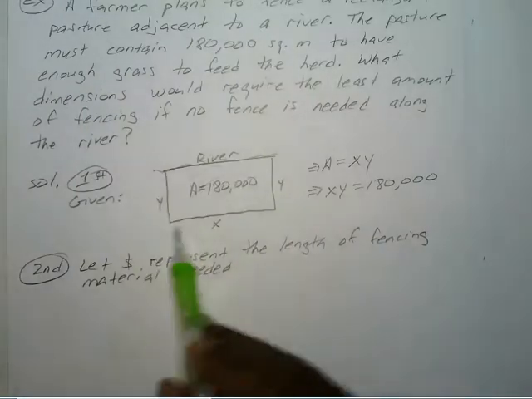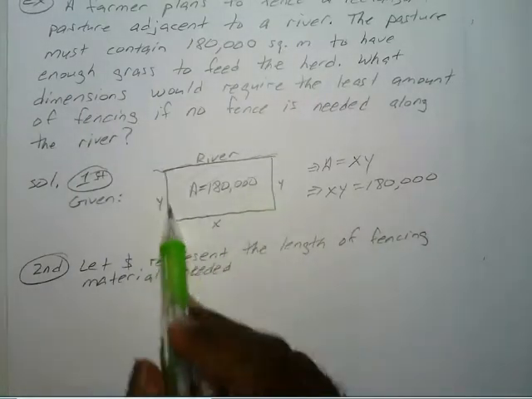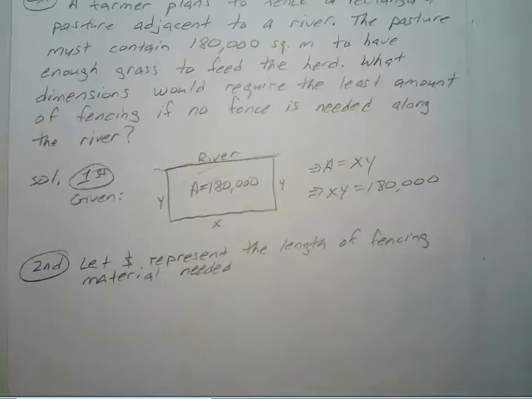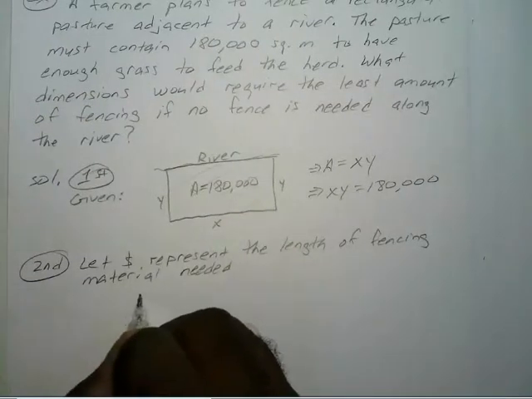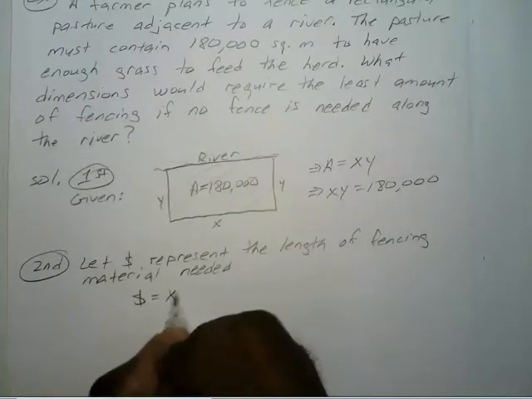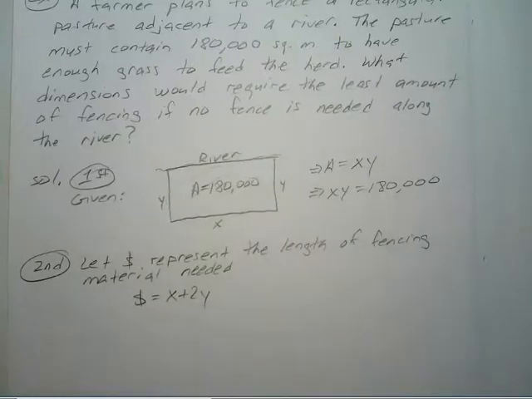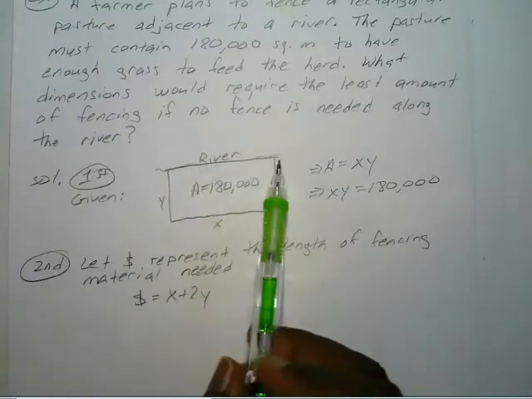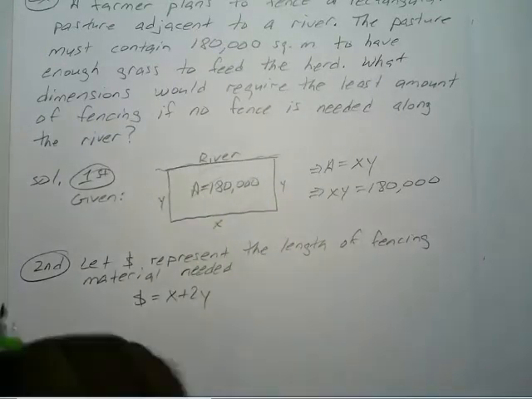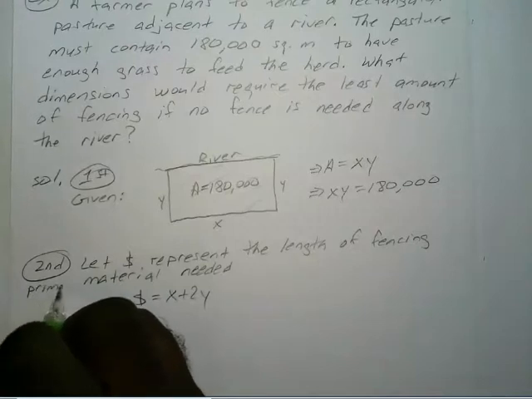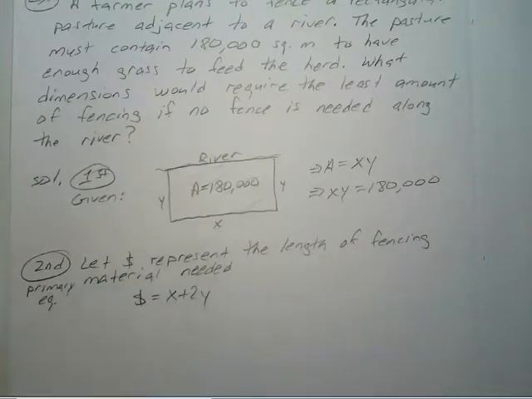So in order to get enough fencing for that boundary, we'll let S equals x plus 2y. Okay, because remember, we don't need any along the river. So again, that gives us our primary equation.